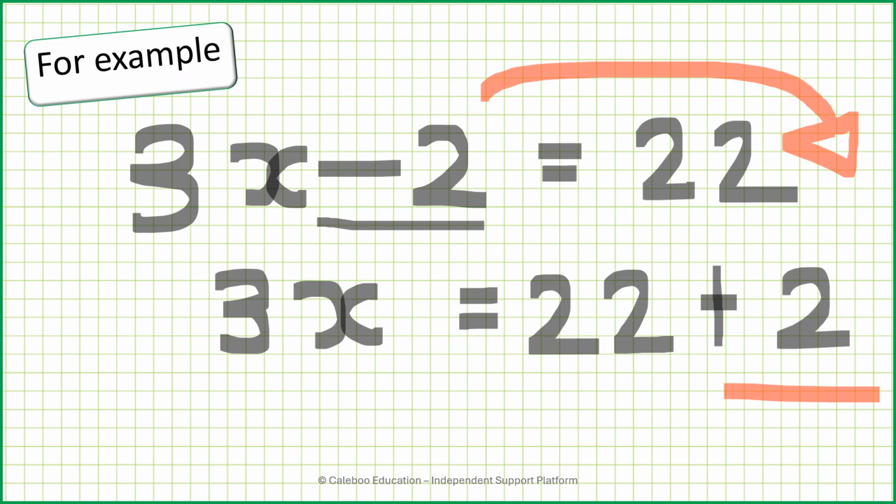So when an operation crosses the equal sign, you will get the opposite operation. Minus becomes a plus, and a plus becomes a minus. Multiply becomes divide, and divide becomes multiply.